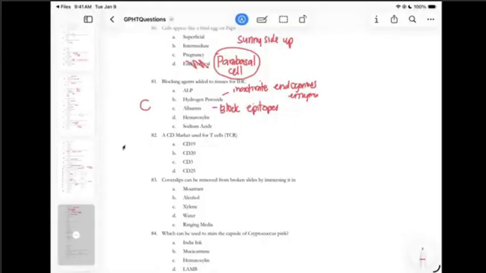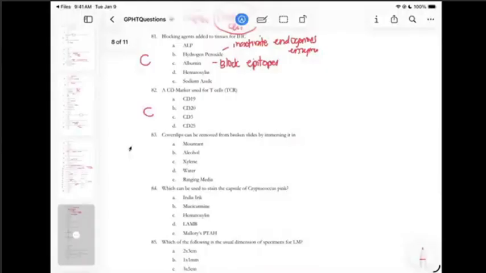But for blocking, we use albumin. 81, letter C. 82, which is a CD marker for T cells. So the TCR, so that's letter C. 19, 20, usually, and 25, that's usually for the B cells. So 82, letter C.